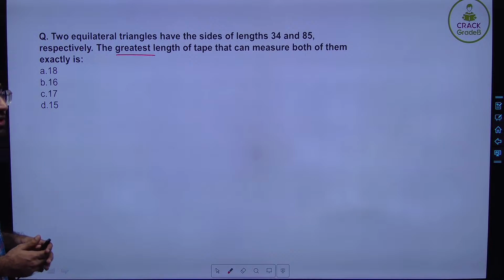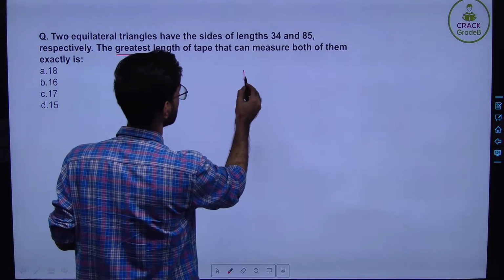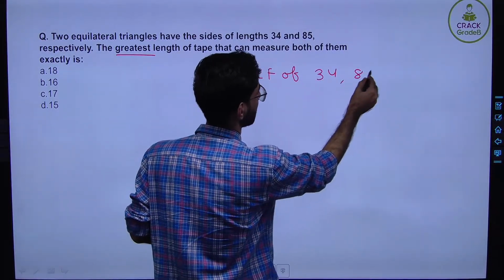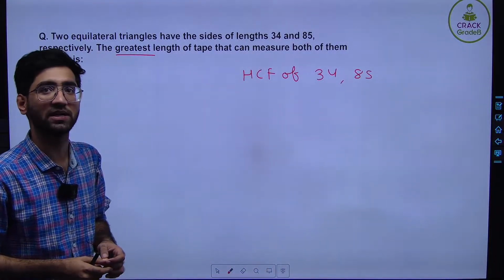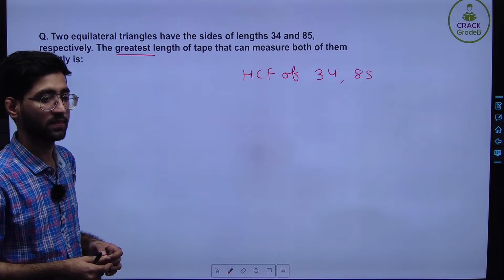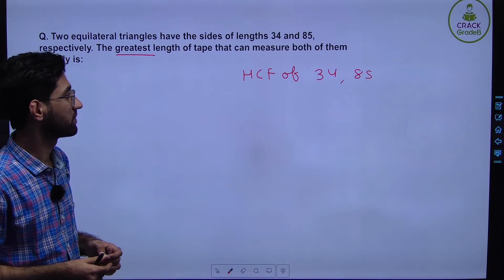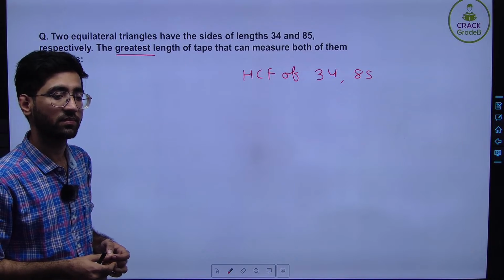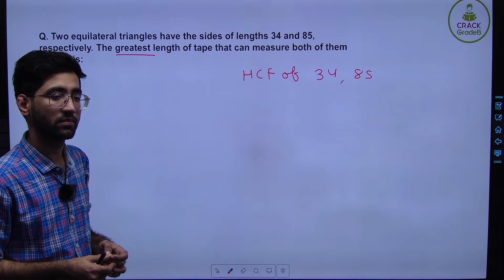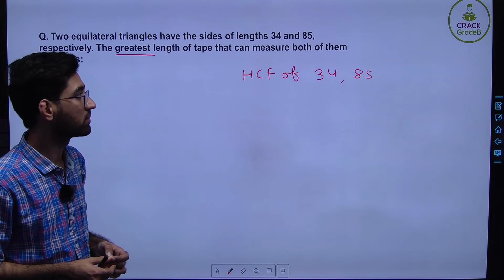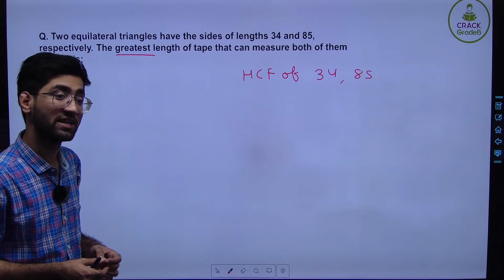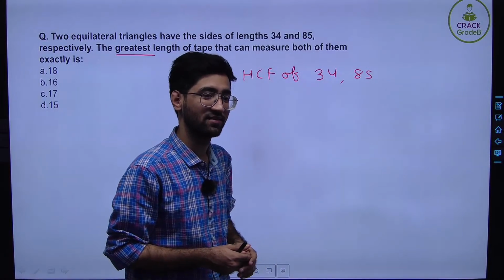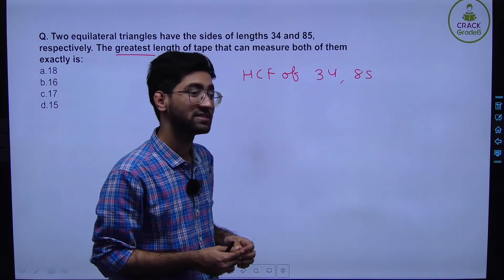So what we will do? Simply, we will find HCF of 34 and 85. So tell me, what is the HCF of 34 and 85? No, there is a number that can divide both numbers, and that number is 17.